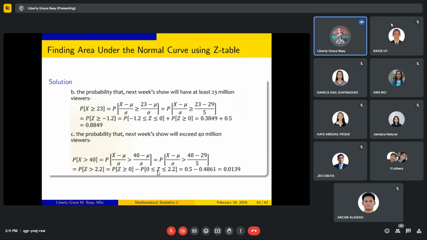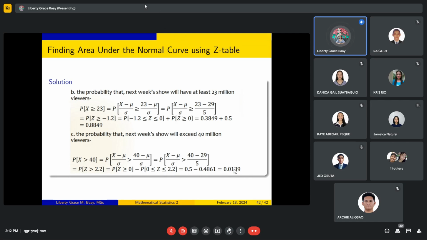So the probability of z is greater than or equal to 0 minus the probability of z between 0 to 2.2. So the probability of z greater than or equal to 0 is 0.5.